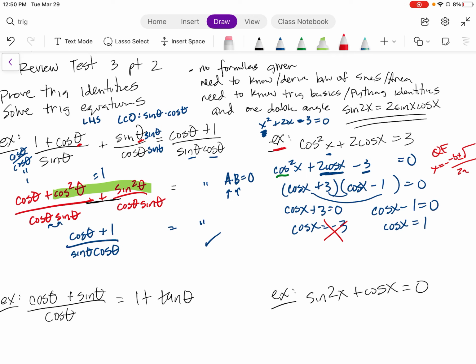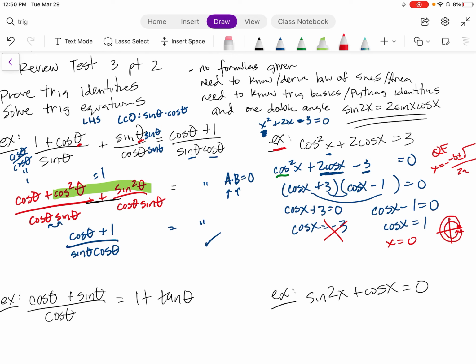But when is cosine 1? So remember, cosine is x, right? So when is cosine 1? Well, that would only be 1 point. That's when x is 0. Now, technically, because it's periodic, that also means it could be 2 pi, it could be 4 pi, or any multiple, right?